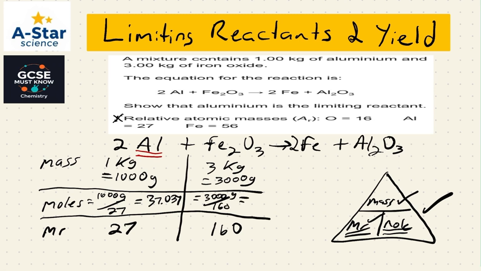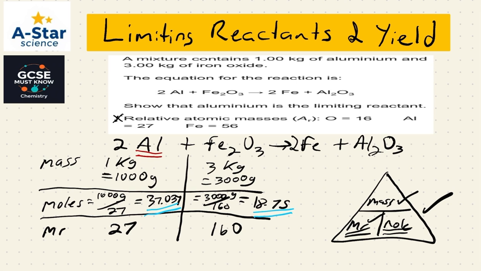Always put your units in. Really get in the habit of putting your units in. And that's going to be 18.75. So that's how many moles we have of both. Let's recap. We have 37.037 moles of aluminum and 18.75 moles of iron oxide.